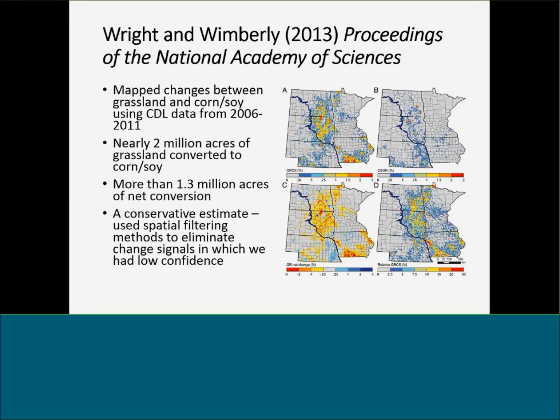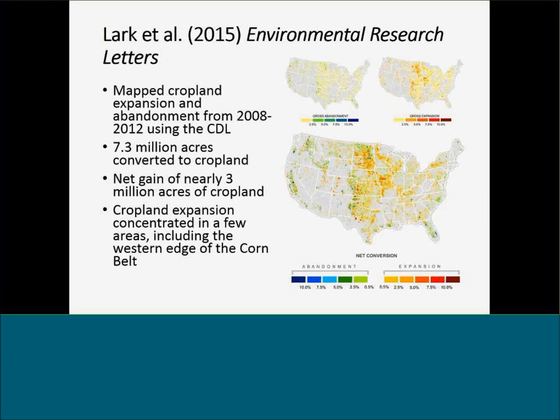And I would just add that when we did this, we were actually quite conservative in the way that we processed the data. We used some spatial filtering methods to increase our confidence in change detection. And therefore, really, we saw this as kind of a low-end estimate of the amount of change. Other people, working with the same data, have found similar dynamics, looking at the data in different ways.